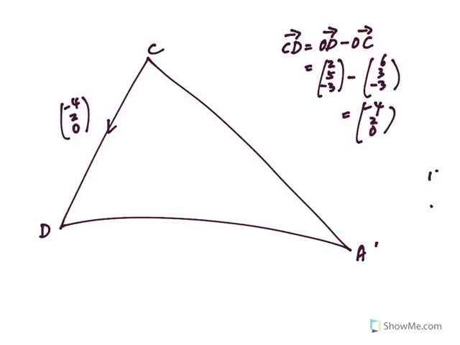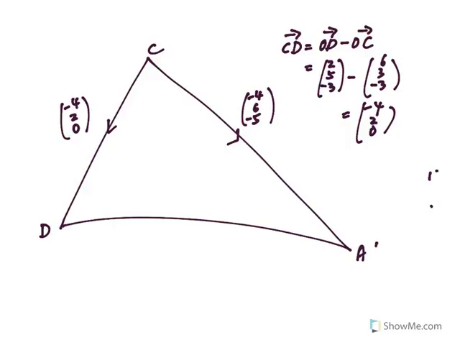Can I also find CA prime? CA prime, as we found earlier, is -4, 6, -5. With these two, I can straight away come up with the equation of the plane. I'll take these two vectors that are parallel to the plane and find the normal.